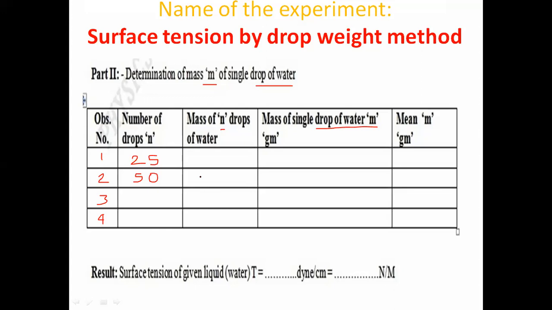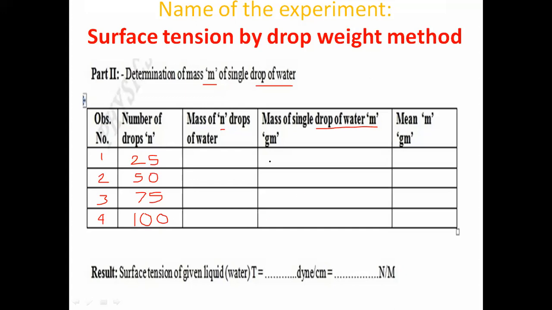Then collect 25 more drops, that is, total drops 75, and again check the mass of the beaker or petri dish having 75 drops. Then for the last one, add 25 more drops, so that total drops is now equal to 100, and now measure the mass of the beaker.